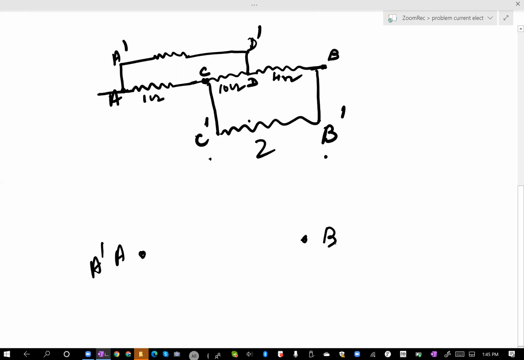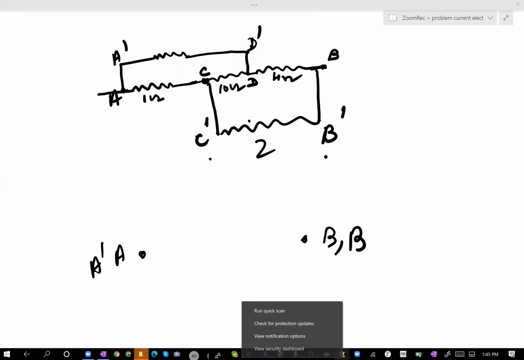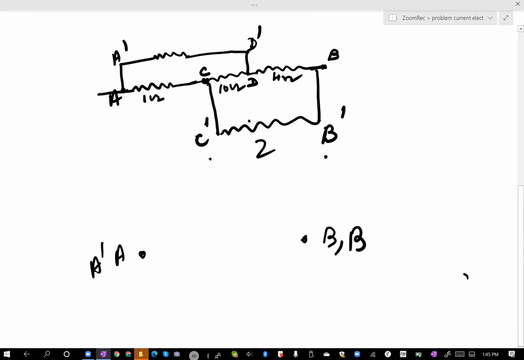You call this B, and adjacent to that, B dashed. And then between A and B, you can have C and D as the opposite terminals. The resistance between C and D is only the 10 ohm resistance, which comes in place of the galvanometer. So you can have your C here and your D here.